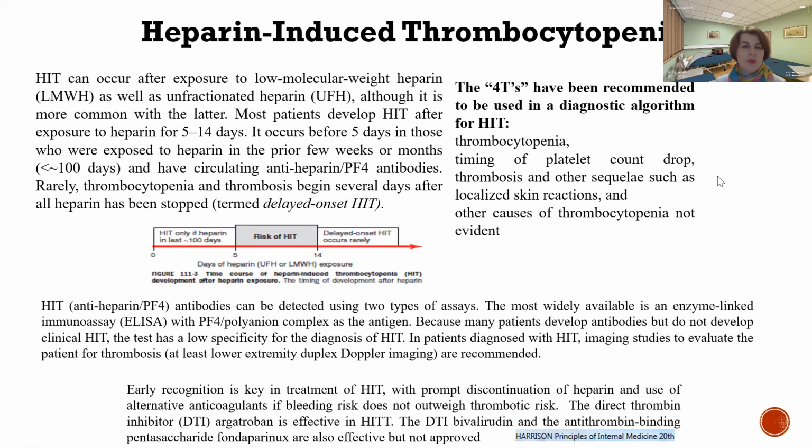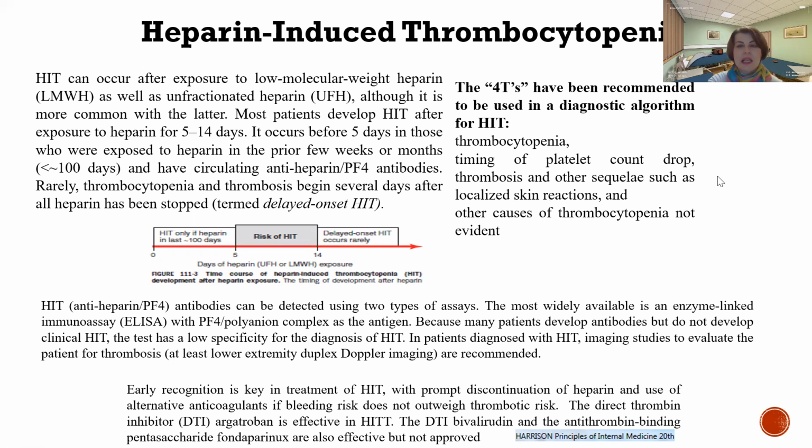It occurs before 5 days in those who were exposed to heparin in the prior few weeks or months and have circulating anti-heparin antibodies. Rarely, thrombocytopenia and thrombosis begin several days after all heparin has been stopped.